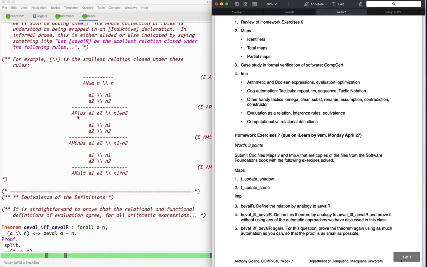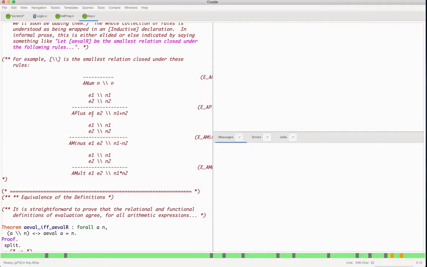For the other ones, you've really got a recursive situation. So a plus e1, e2 is related to some number, which is the sum of the values related to e1 and e2. This plus here is just a meta plus, in the notational world.